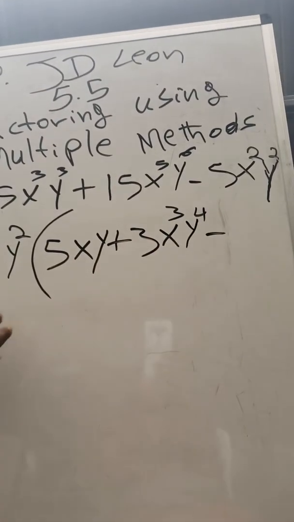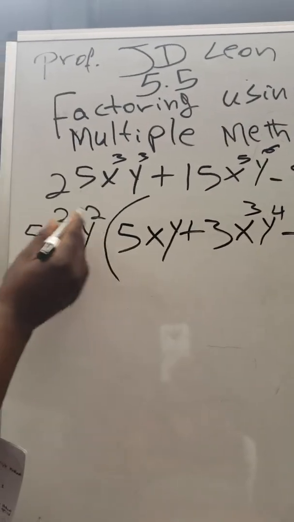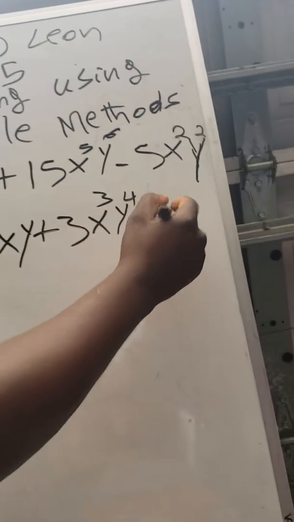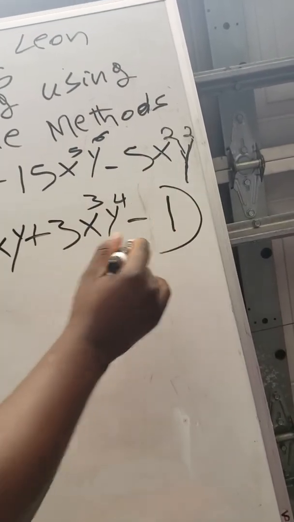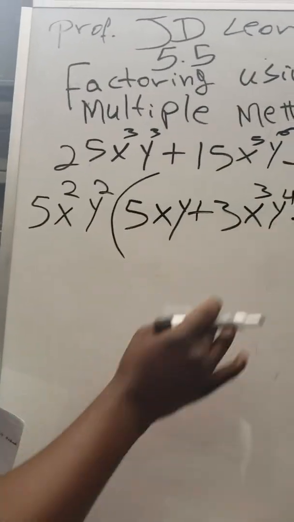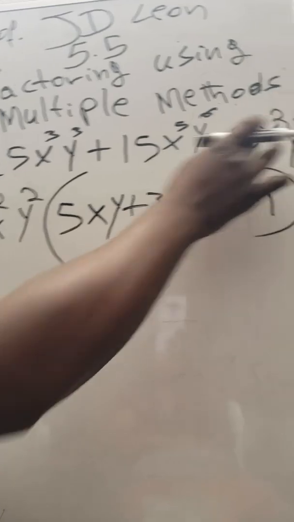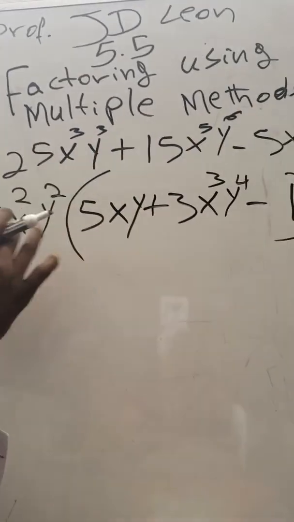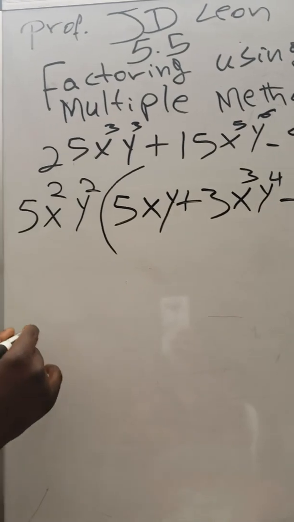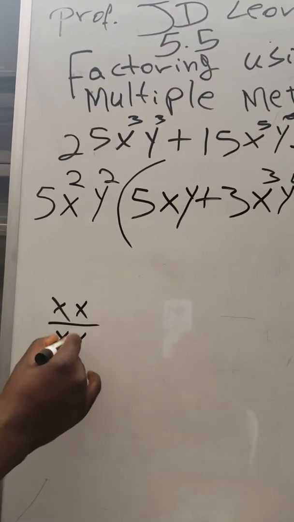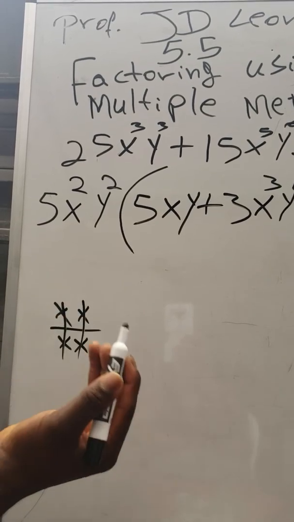Well, guess what, guys? We actually factored everything from back here out, so this is not there anymore. There would have to be a 1 to replace it, because negative 5 divided by a positive 5 would be a negative 1. That's what we have here. Once you do x squared divided by x squared, it's gone, right? y squared divided by y squared is gone. Technically, it's saying x divided by x, cancel, cancel, so it's gone.